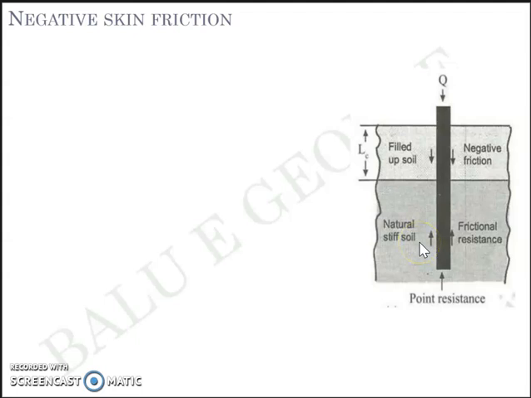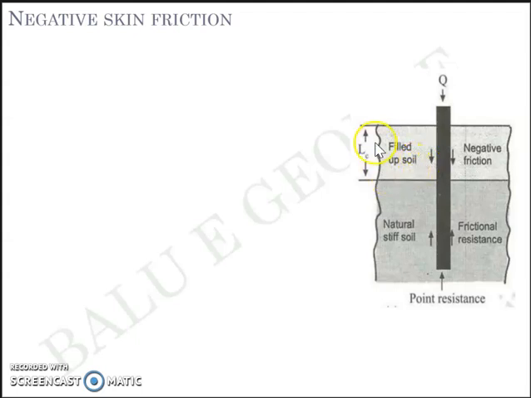That is a case where you have a natural soil fill. But let's take a case where for a depth of LC, again, for example, let's take that as 2 meter. 2 meter from the top, the soil is not natural, but it's filled up soil. It's in a loose state.